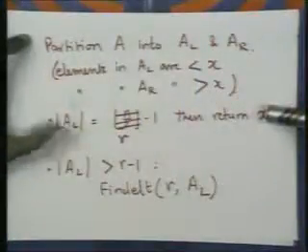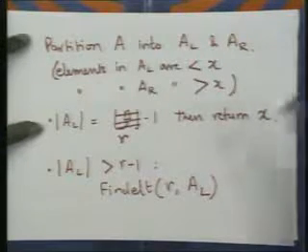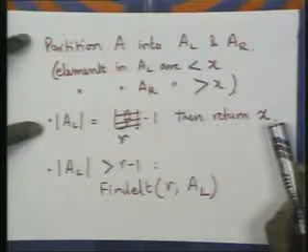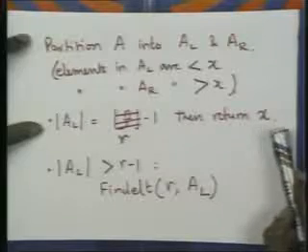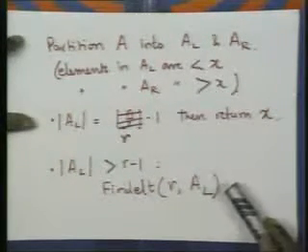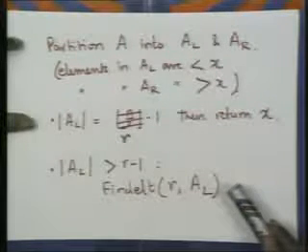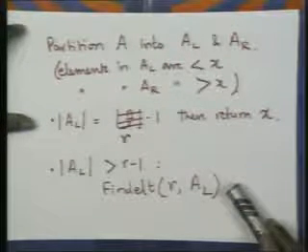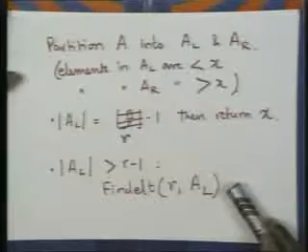The rank of this element x is nothing but size of AL plus 1, right? So if the rank of element x is exactly R, then we return x as the answer. If the rank of x is larger than R, that means the element we are looking for is on the left half of the array.